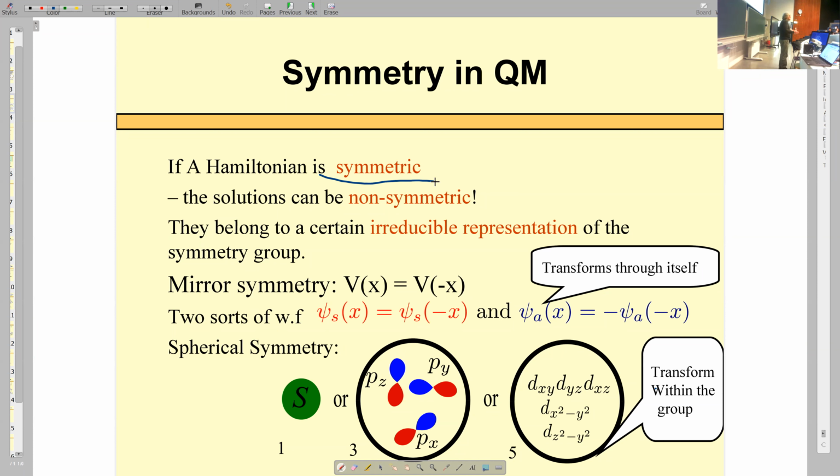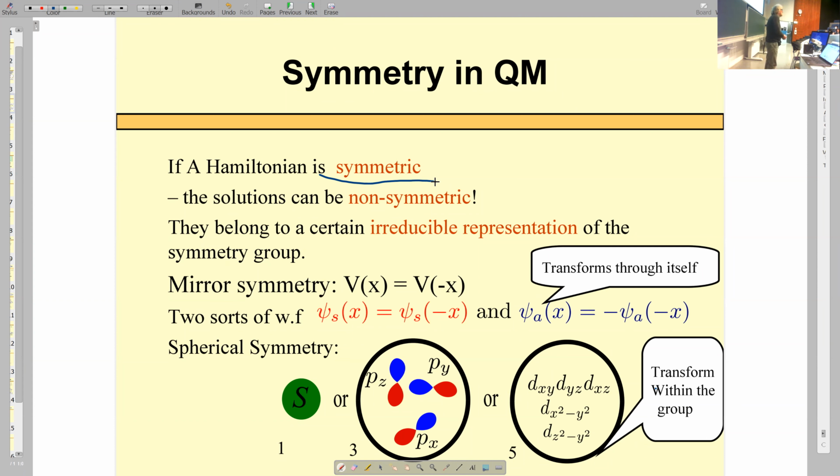If the Hamiltonian is symmetric, one could easily accept that its solutions, its eigenstates, are symmetric. But it is true that there are symmetric solutions, there are symmetric states. But there are a lot of solutions which are not symmetric. So how to understand it?